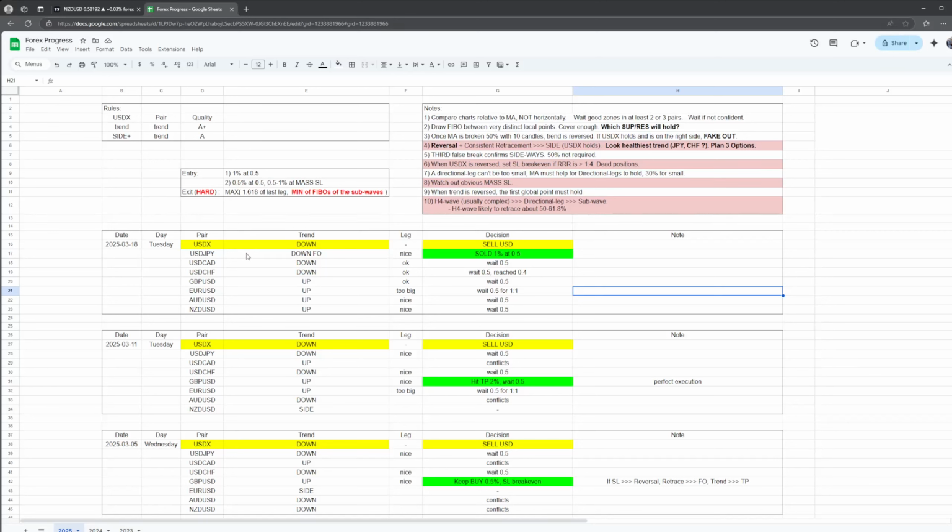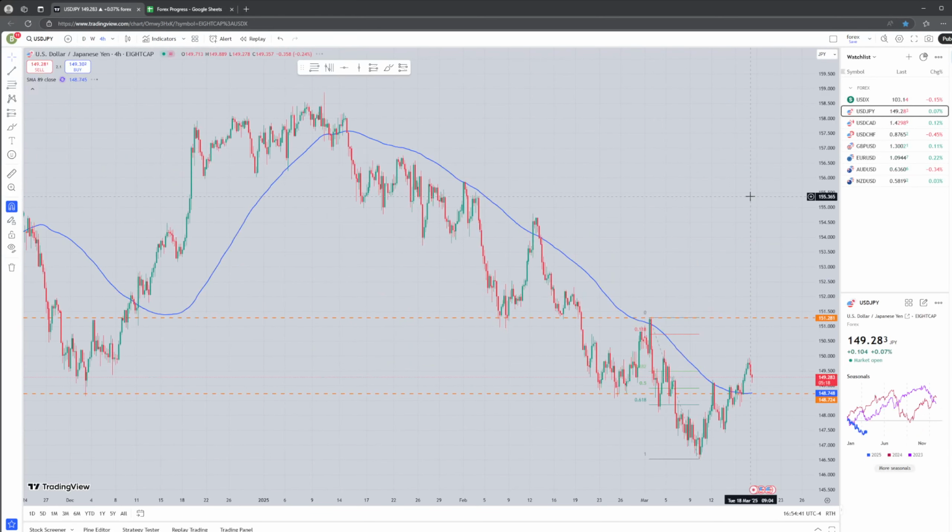So right now USD Japan yen has a really nice downtrend with the fake out, which is fine. The market loves to do fake out, and currently it is at the 60% retracement zone here, but I sold USD Japan yen risking 1% of my account at the 50% retracement, which is still a good zone.